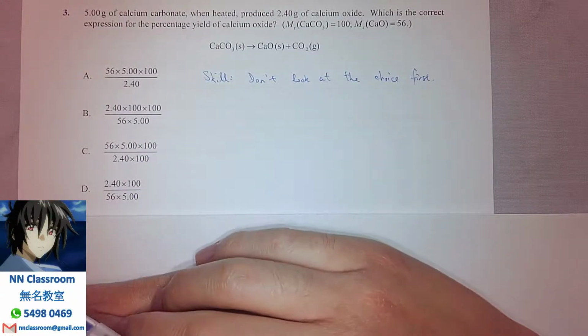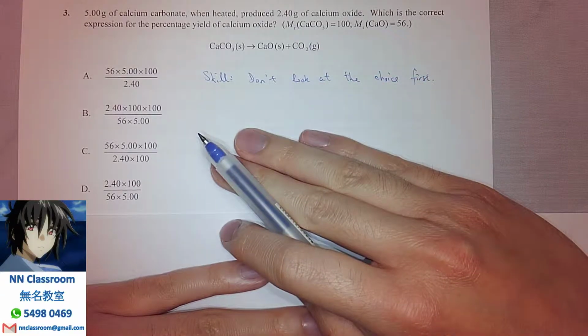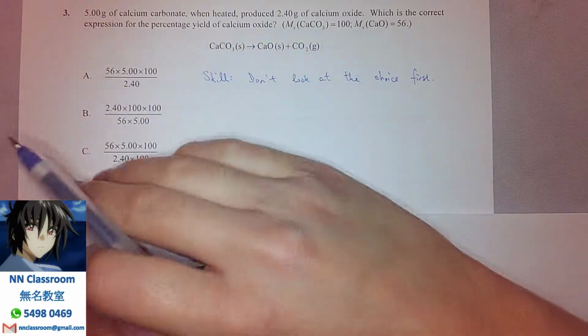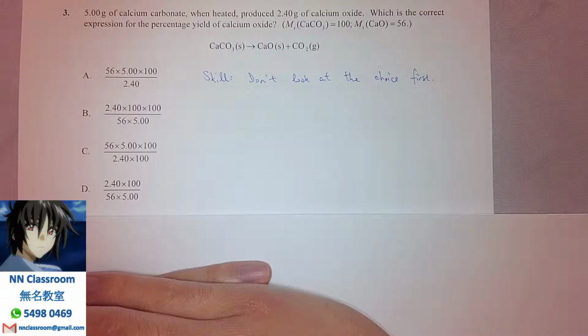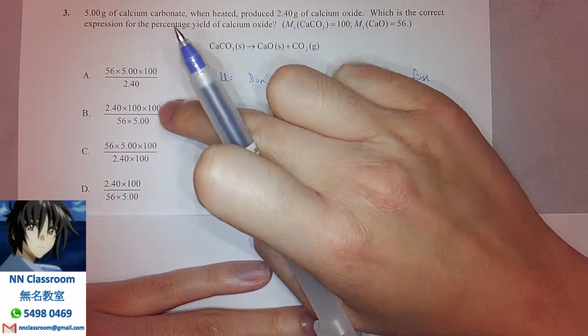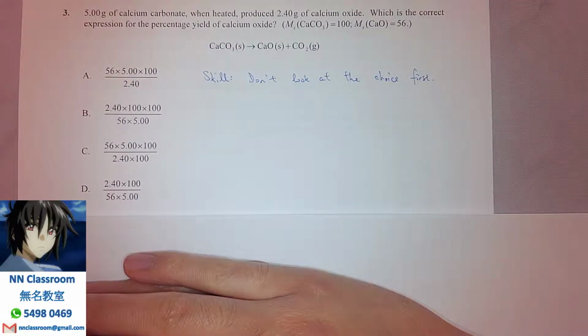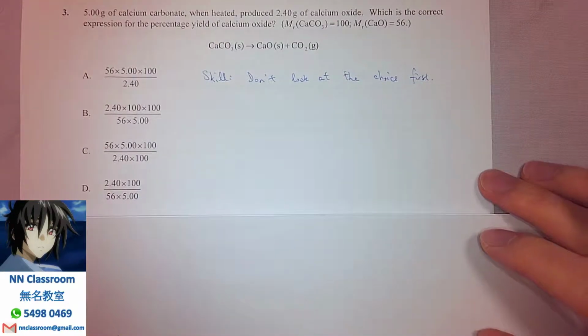So what I would suggest is, first of all, we think of it independently for our own expression, and then at the end look at the choices to see which one meets our expectations. This technique will help us prevent some of the misleading traps given by the choices. So far so good. Now let's see what the question is.